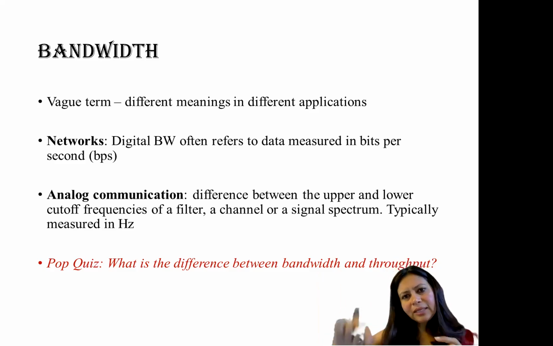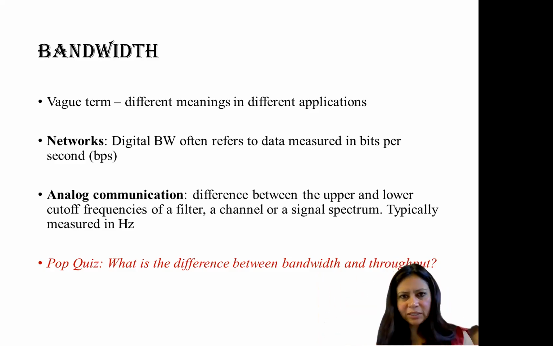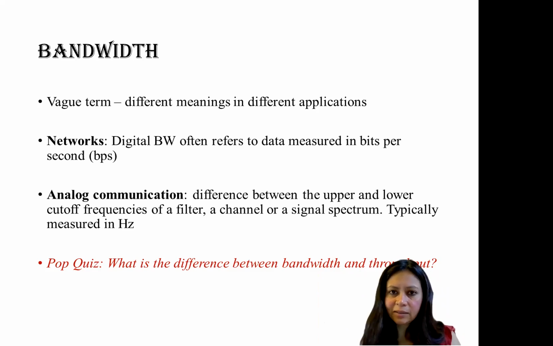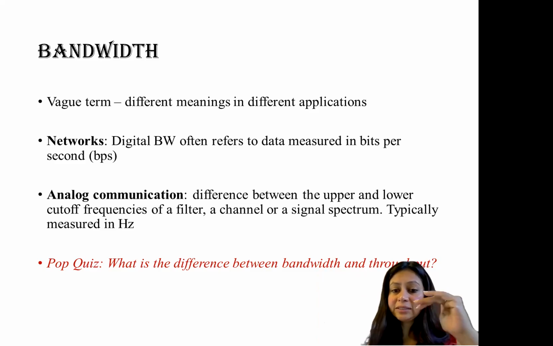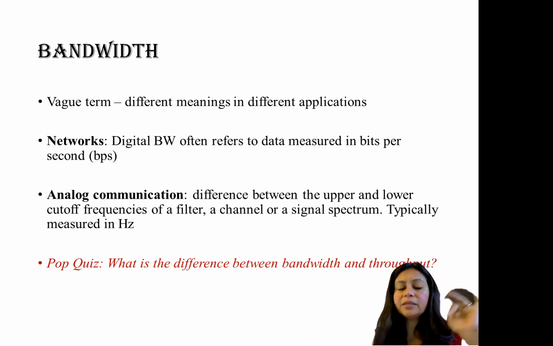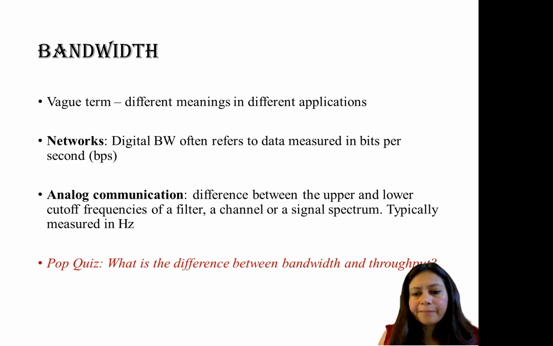That signal does not have the same frequency, as I showed you in the previous slide on the electromagnetic spectrum. So for communication people, for physical layer experts, bandwidth is the difference between the upper and the lower cutoff frequencies, and it's measured in hertz.